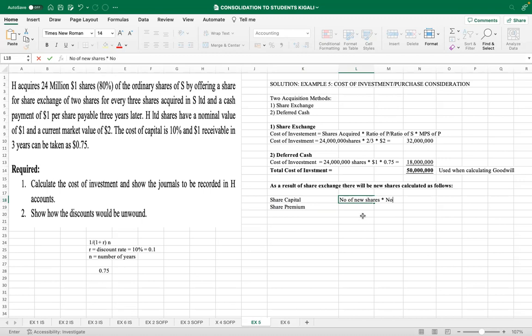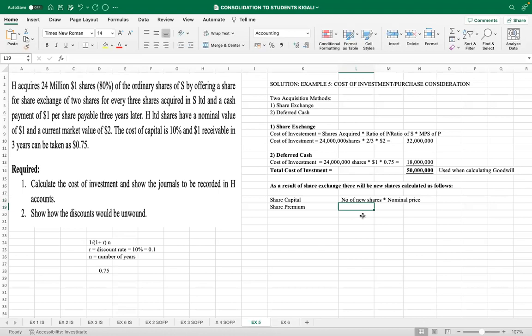the nominal price. Nominal price, we will cover as a topic in company accounts. In company accounts, we will cover a topic called issue of shares. And also next week during the online class, when we are covering earnings per share, we will also look at issue of shares. So we'll cover it in 2 topics. So share capital is the number of new shares times nominal price per share. Okay.